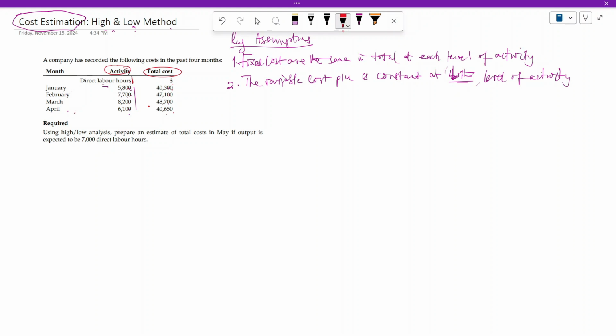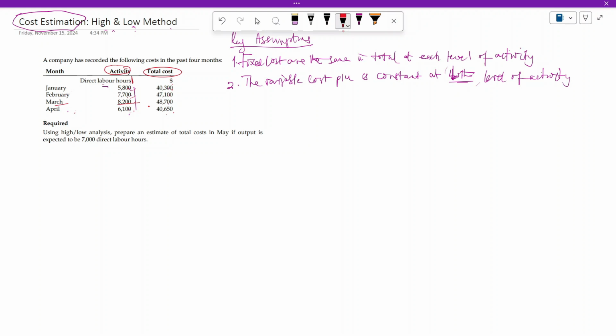We glance through these numbers and see which one is the highest and which one is the lowest. Looking here, we have 5,800, 7,700, 8,200, and 6,100. Obviously, 8,200 for the month of March is the highest.